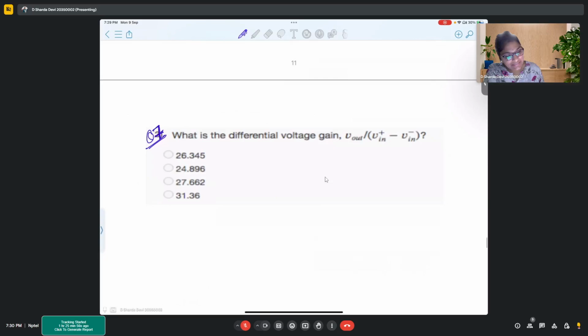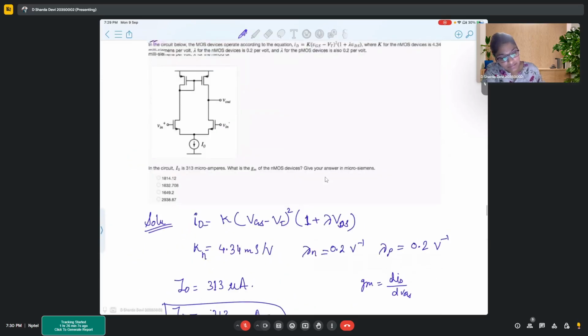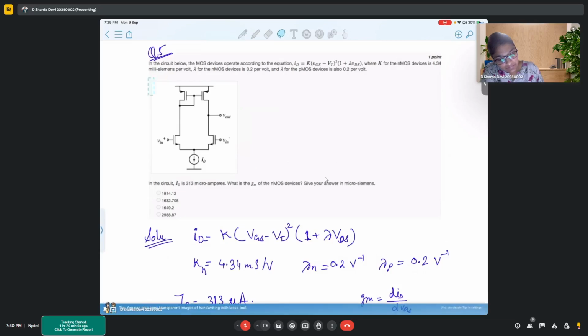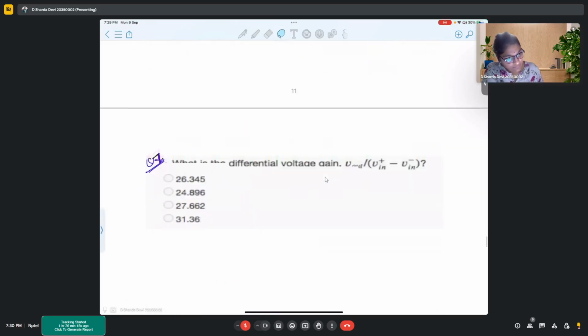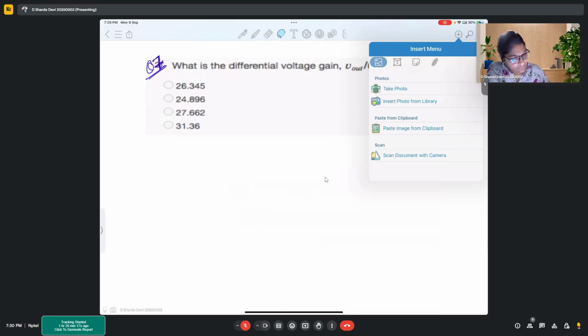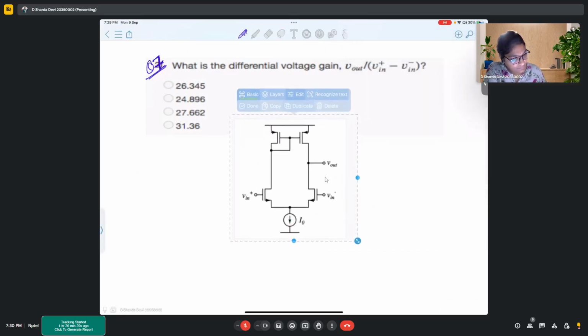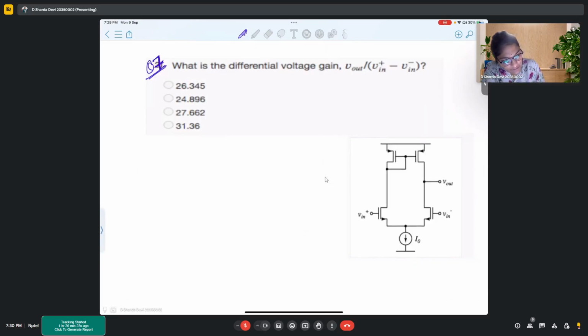Question number 7. What is the differential voltage gain of this particular circuit? So let's take this circuit. Again, since differential gain is always gm into Z out, if you know the gm and you know the Z out, you can simply calculate.